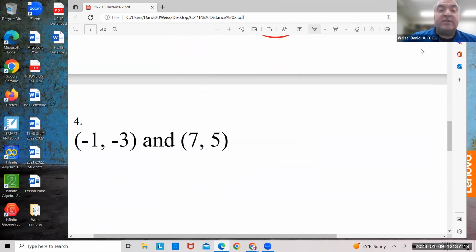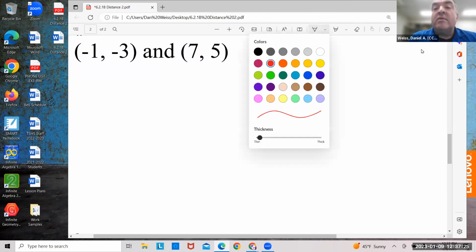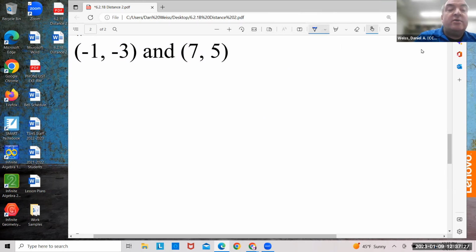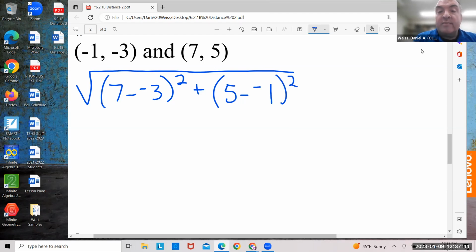Okay, this next one is going to have a square root in your answer. Okay. Now, once again, we're still going to do square root of, be careful, 7 minus -3 squared plus 5 minus -1 squared.